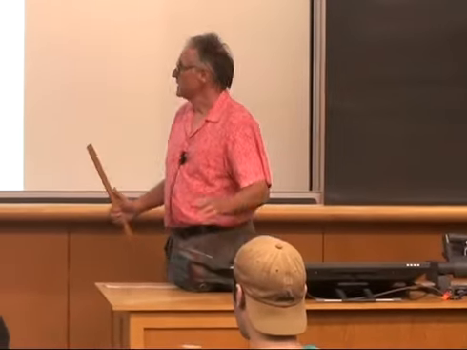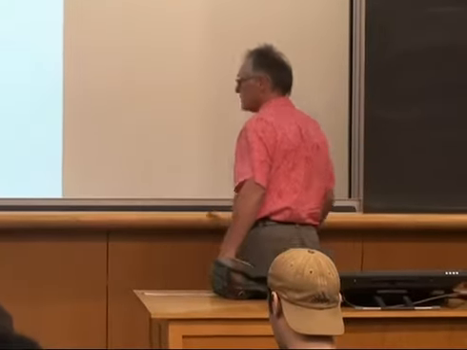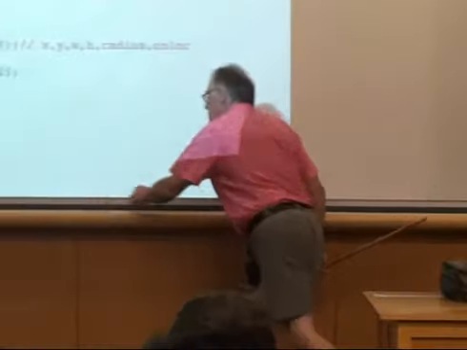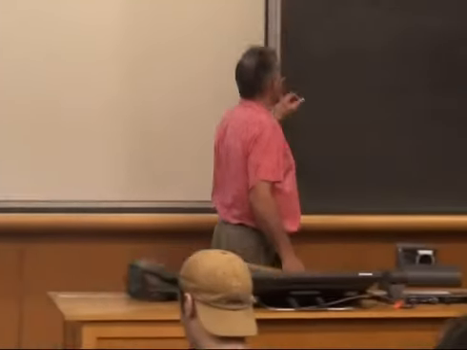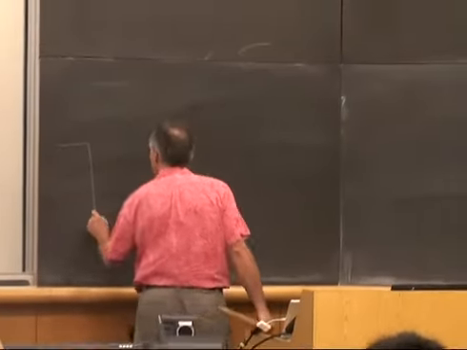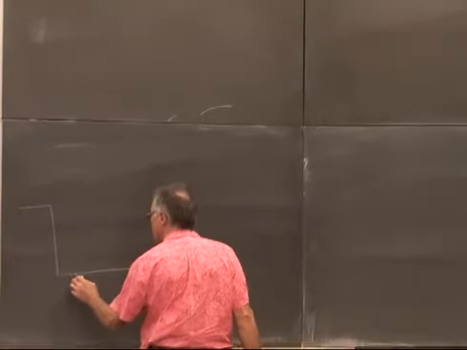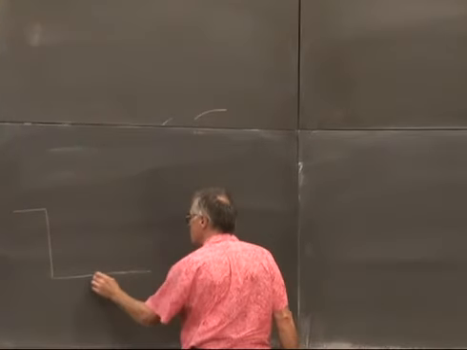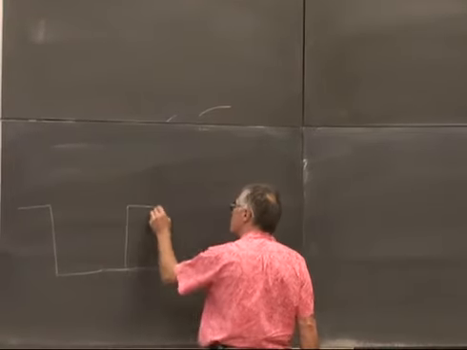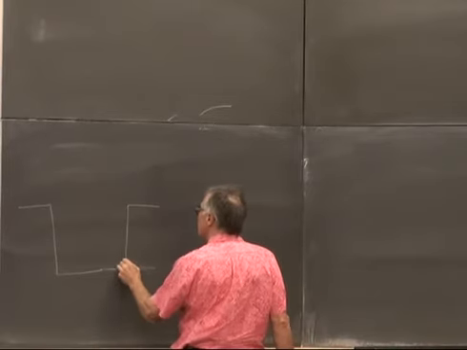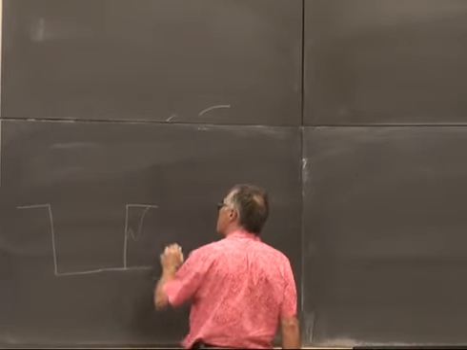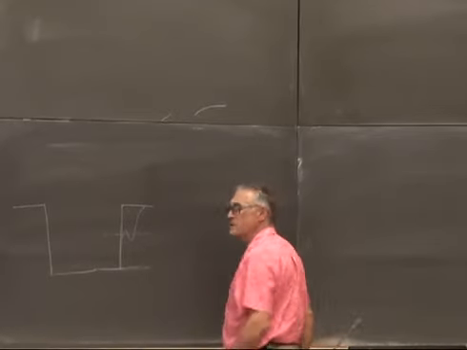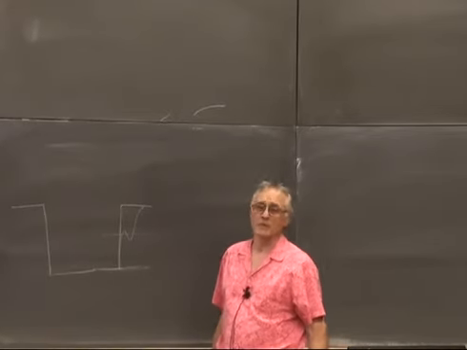Now, as I said last week sometime, these buttons can bounce. They do bounce. So instead of producing a nice edge when you push or release, that's a push, you instead get something that looks like this, where you might cross the CMOS threshold 2 or 3 times.